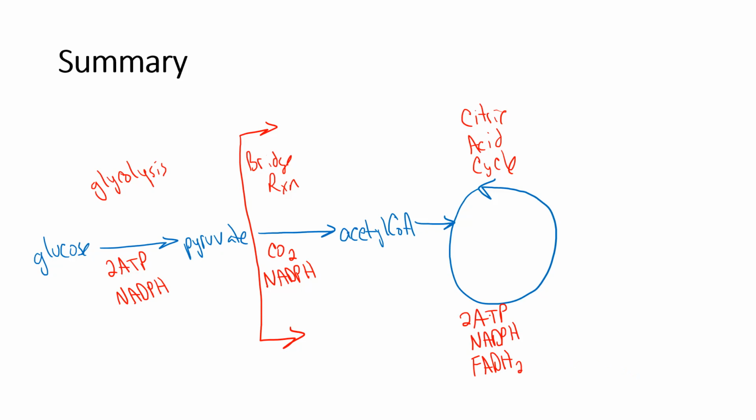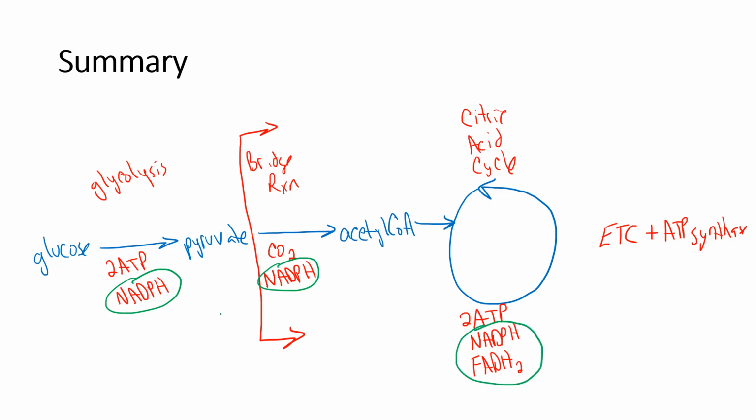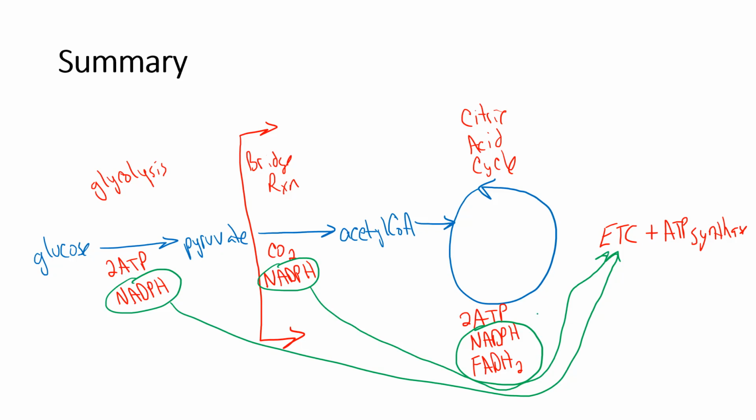Okay, so then we have the electron transport chain. So if I just put ETC over here plus ATP synthase, I'm running out of room. Okay, so we get the NADH here, here, and then FADH2 and NADH here, all shuttling their electrons to the electron transport chain.